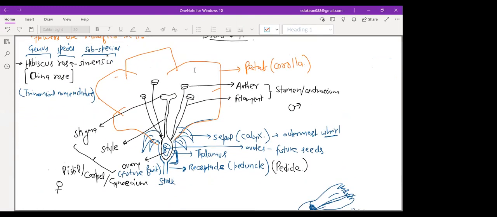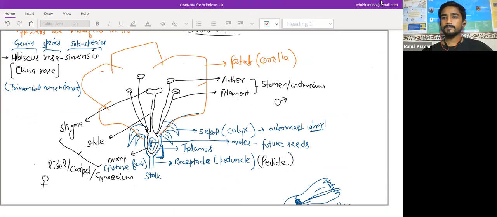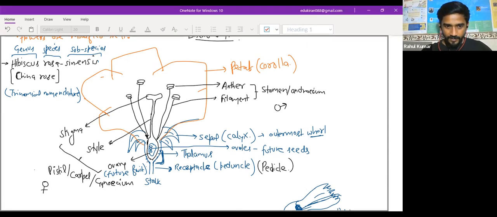This is the diagram for parts of the flower, the morphology of the flower. This black part that I have labeled, everyone can see my cursor, this is the ovary, right? And I told you around the ovary, there are other types of tissues as well.